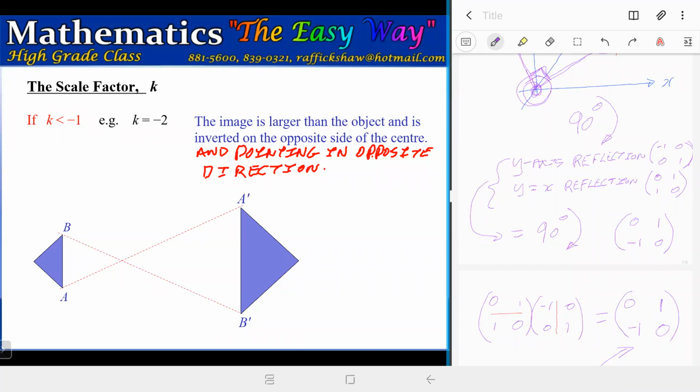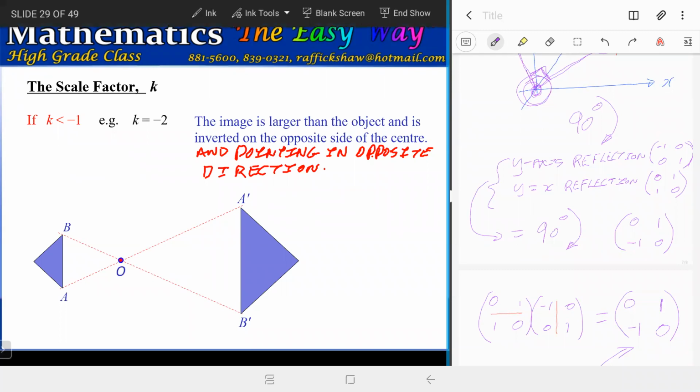You see that where those two lines meet is now between them. So the image and the object are now on opposite sides of the center. The object is to the right of the center, and the image is to the left of the center.